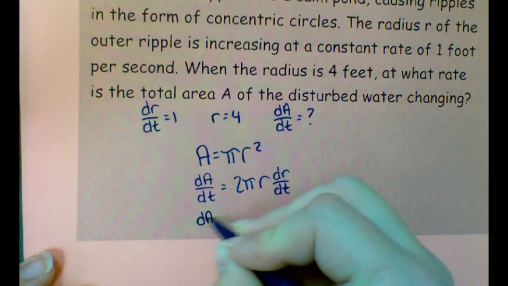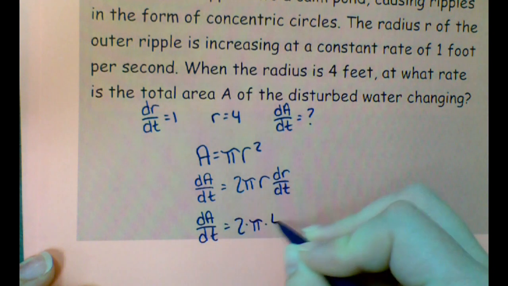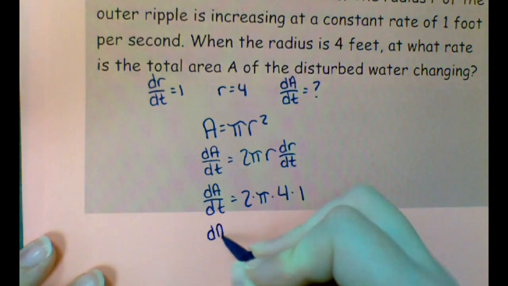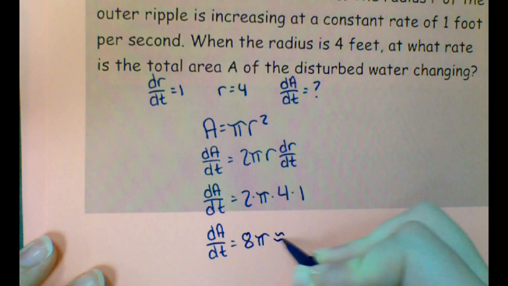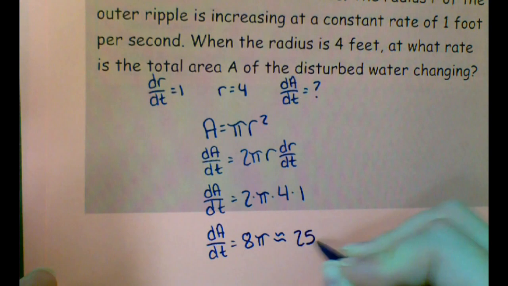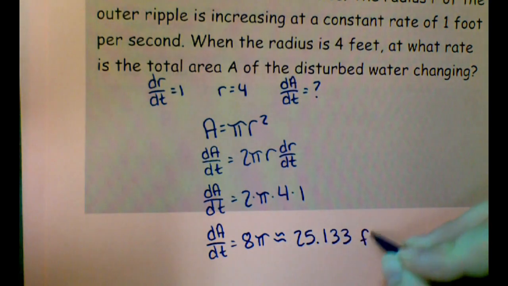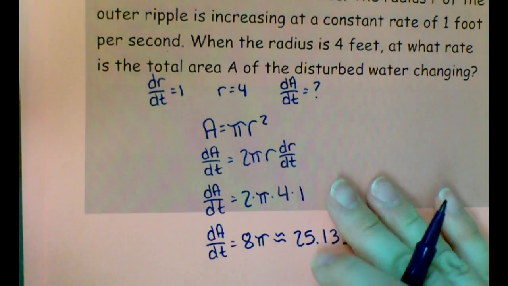The derivative of A with respect to t equals 2 times pi times 4 times 1, which means that the derivative of the area with respect to time is 8 pi, which is approximately 25.133. Area is measured in square feet per second. Look back to your problem to determine the label.